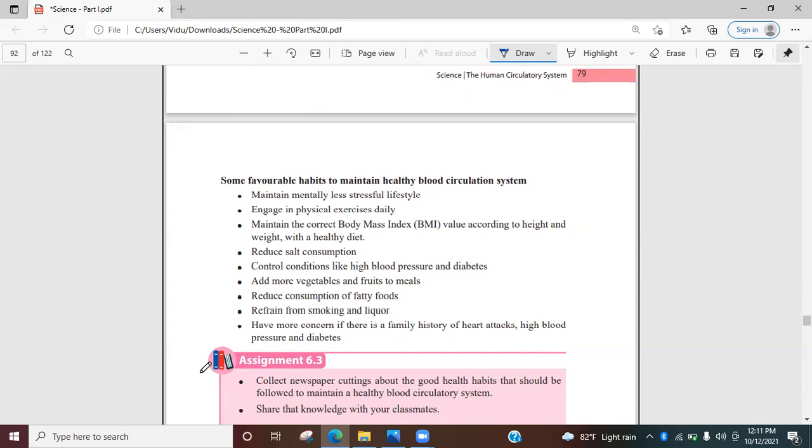Maintain the correct body mass index, or BMI, according to height and weight, with a healthy diet. Reduce salt consumption. Control conditions like high blood pressure and diabetes. Add more vegetables and fruits to meals. Reduce consumption of fatty foods. Refrain from smoking and liquor. Have more concern if there is a family history of heart attacks, high blood pressure, and diabetes.